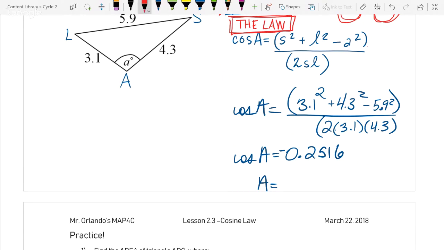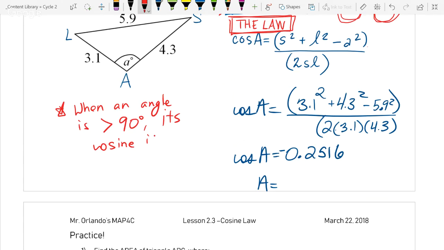When an angle is bigger than 90, its cosine is negative.